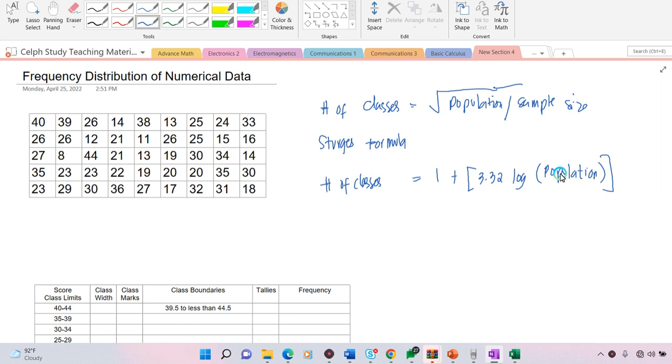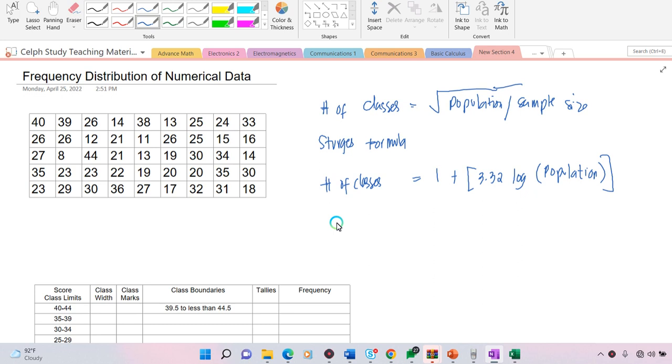So, we also have to identify our class width, how large our interval is. To calculate the class width for our tabulation, the difference between the largest and the smallest observation in our dataset is computed and then divided by our desired number of classes.